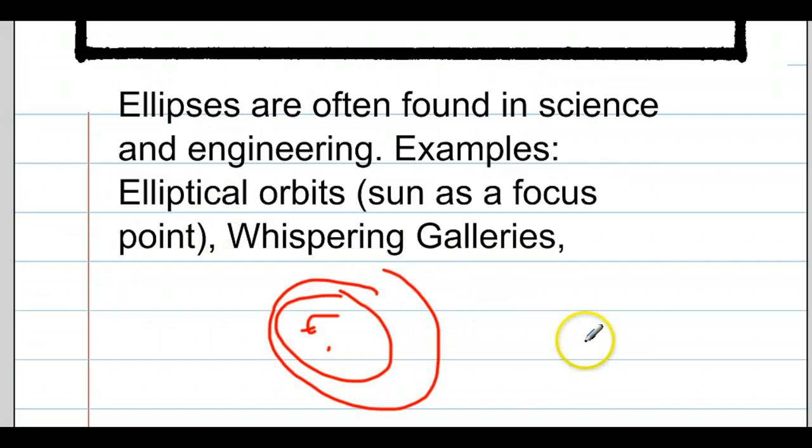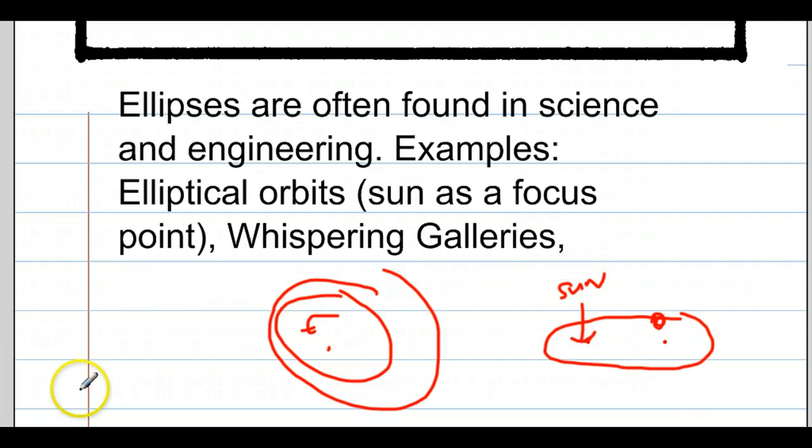He found that the Earth revolves around the sun in an elliptical motion, where the sun is one of the foci, and therefore the planets rotate around the sun in an elliptical manner. Ellipses are often found in science and engineering.